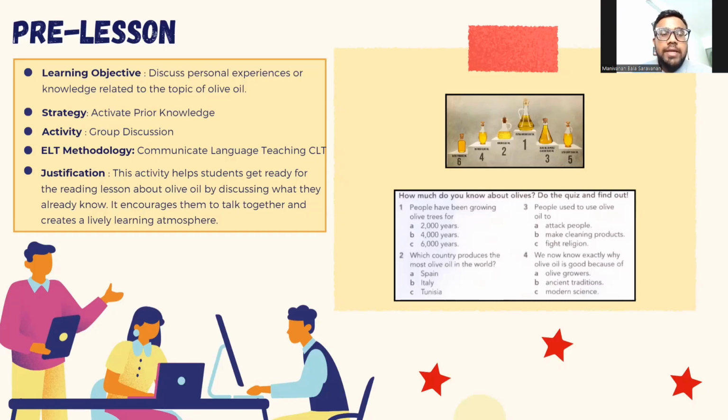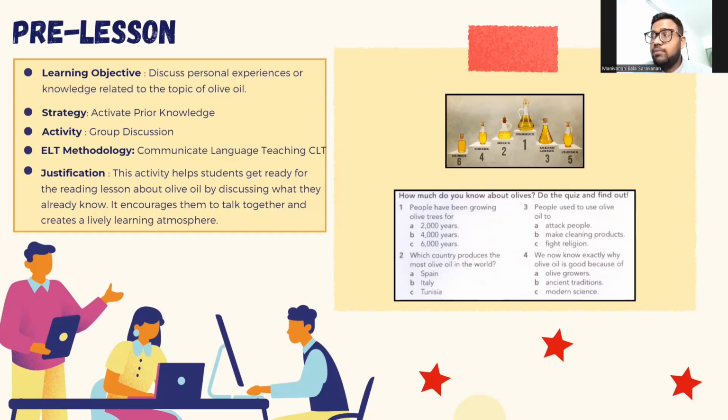The reason why we believe this activity can activate prior knowledge is that it helps students to get ready for the reading lesson on olive oil by discussing what they already know. It encourages them to talk together and creates a lively learning atmosphere.